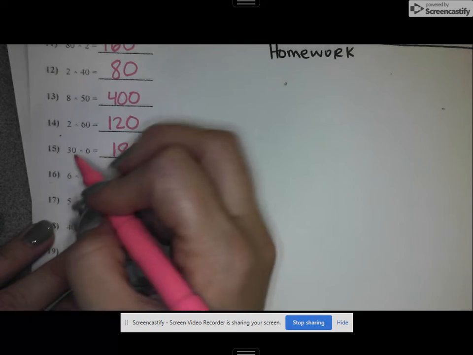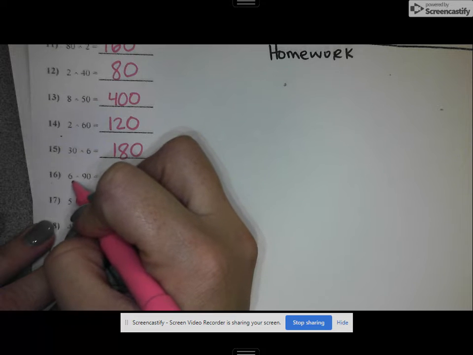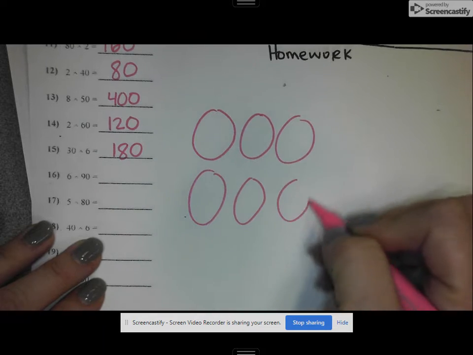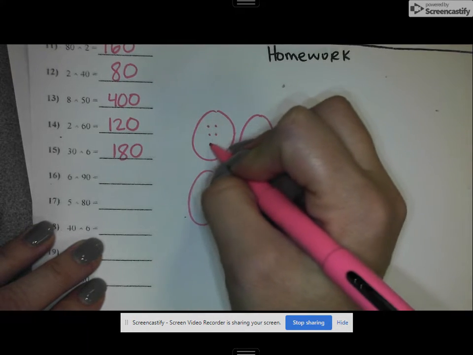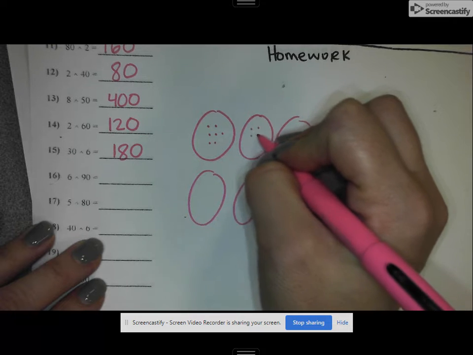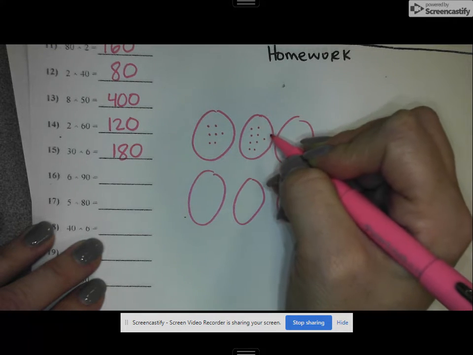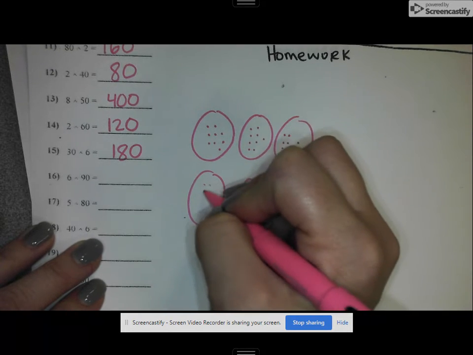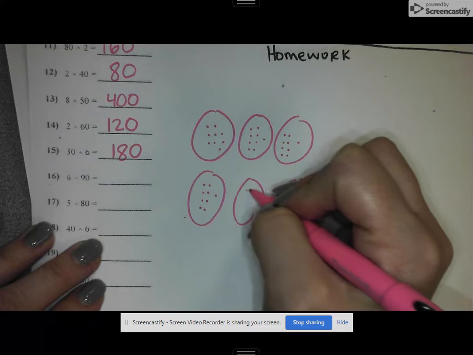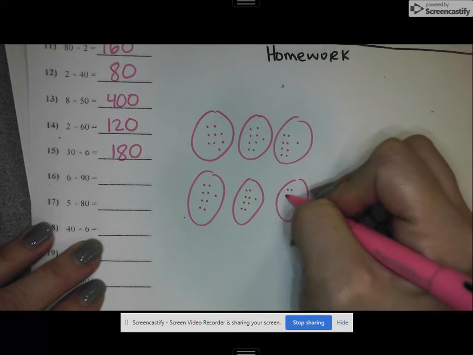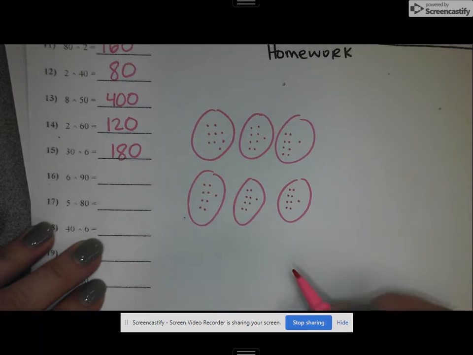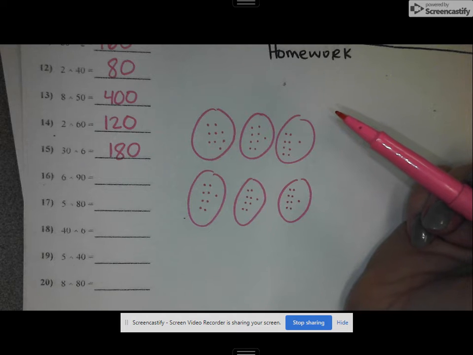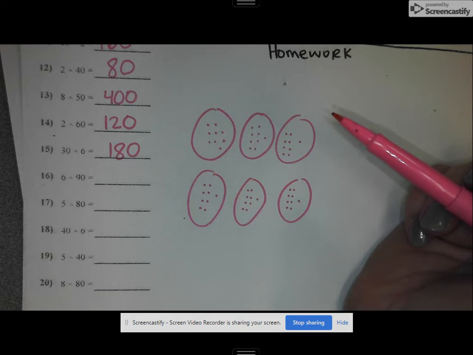So they could always go back and do 6 groups and put 9 in each group. 1, 2, 3, 4, 5, 6, 7, 8, 9. And then they can go back and count those up if they needed to, just by ones, and then go back and add the 0.